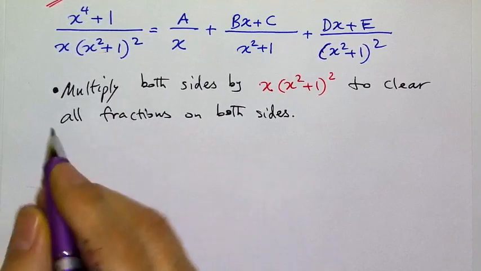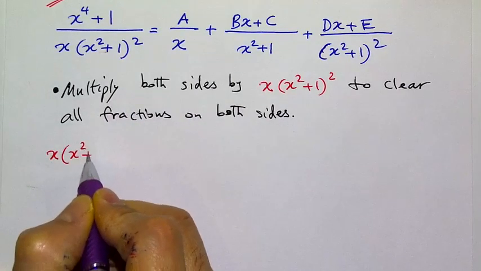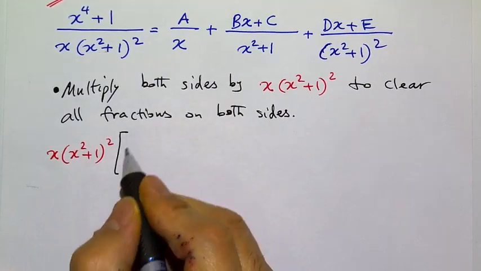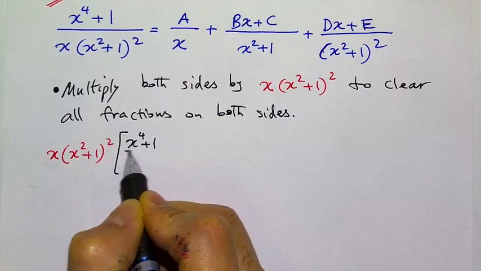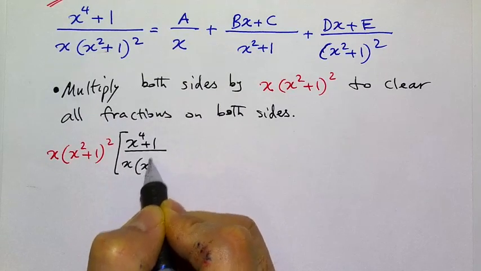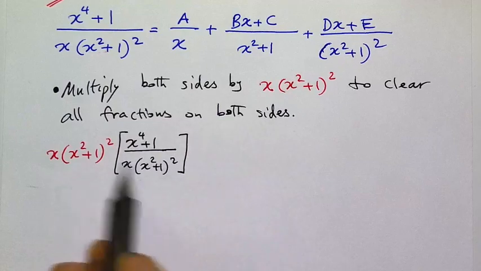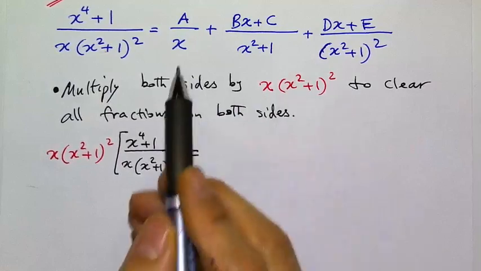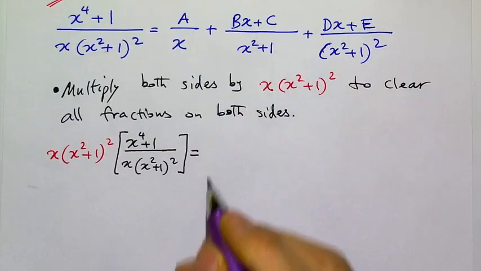I will multiply that by the left side first. So x times (x squared plus 1) squared times all of that left side, x to the 4th plus 1 divided by x times (x squared plus 1) squared. You can see that that will clear that fraction easily, right? Equals all of that multiplied by the entire right side.